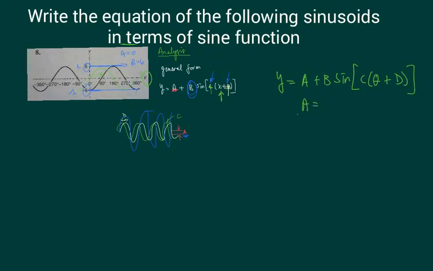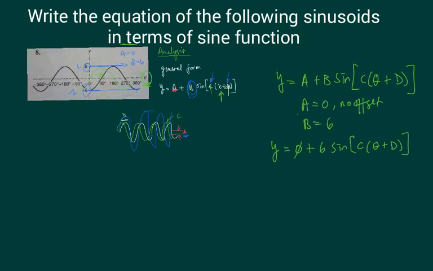We know from the curve that A is equal to 0, so there's no offset. And B, the magnitude, is equal to 6. So our function now becomes y equals 0 plus 6 sine of C times theta, which is our x variable, plus D, a phase shift.